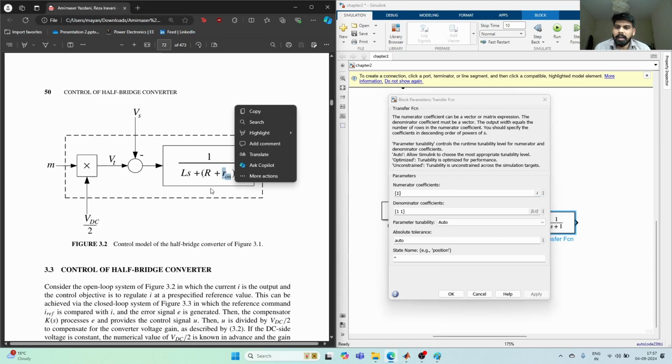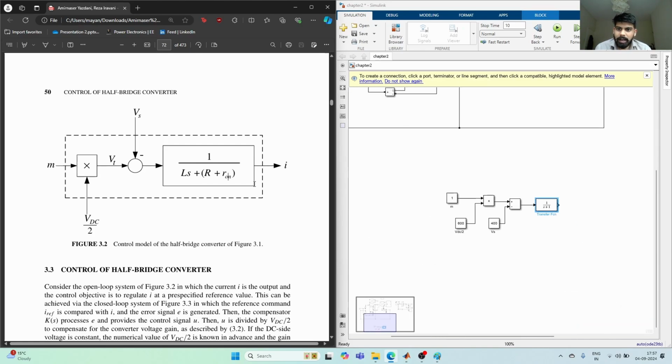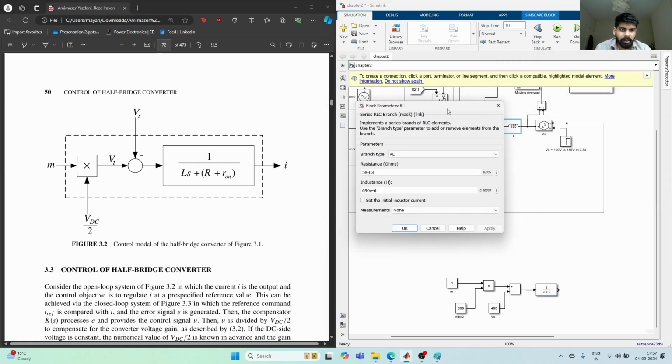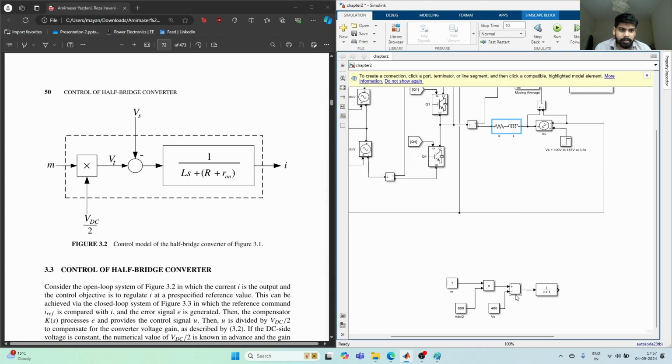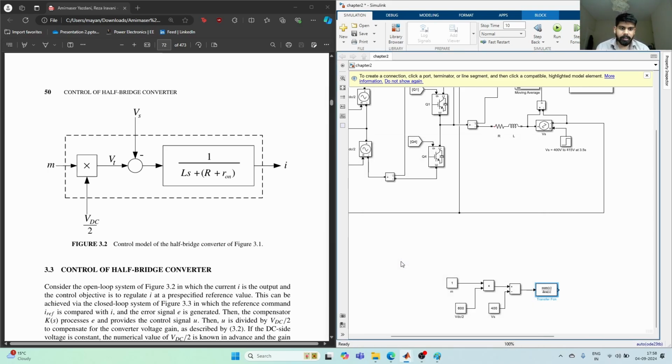We didn't see any R the last time, so let's use the values of L and R. I think L was 690 microhenry, and R was 5 milliohm. So with S we will have 690e-6, and R was 5e-3. You can see it here. So 690 microhenry, that is L, S plus R.